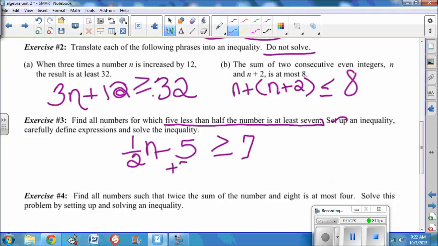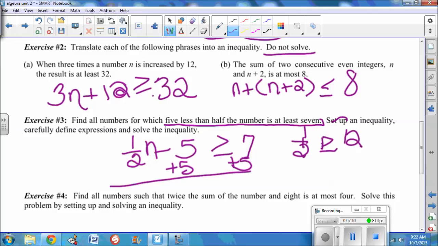Then we solve that, add 5 to both sides, we end up with 1/2 n is greater than or equal to 12. Oops, let me squeeze that n in there. Again, guys, I'm writing and I can't see where my stylus is going. Times 2, see if I can pick it up again, there we go. Times 2, we end up with n is greater than or equal to 24.